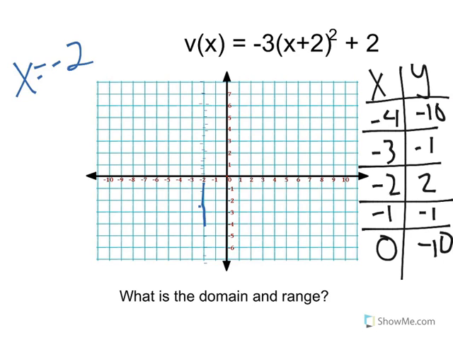So -3, -1 would be right here, and then -2, 2 here, and then -1, -1, and then once again that 0, -10 doesn't fit, and that's okay because we just need those 3 points, so connect them. And there's our parabola shape. And that's it.